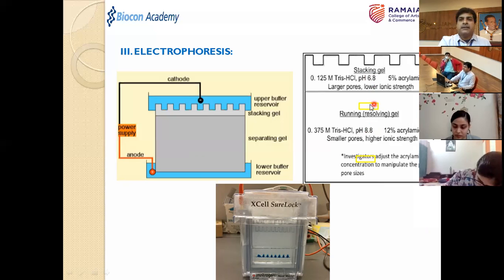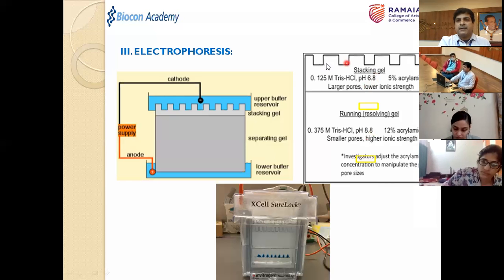Here there is a little bit of misposition of these boxes. These boxes highlight pH 6.8, that is your upper gel, and pH 8.8, that is your resolving gel, where proteins actually get separated. And the stacking gel is for the stacking of the sample.